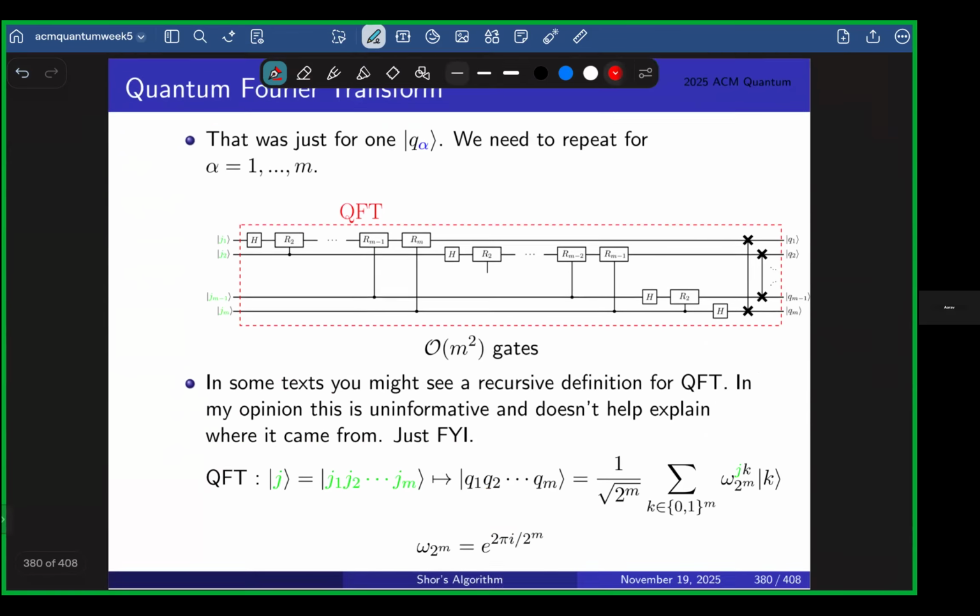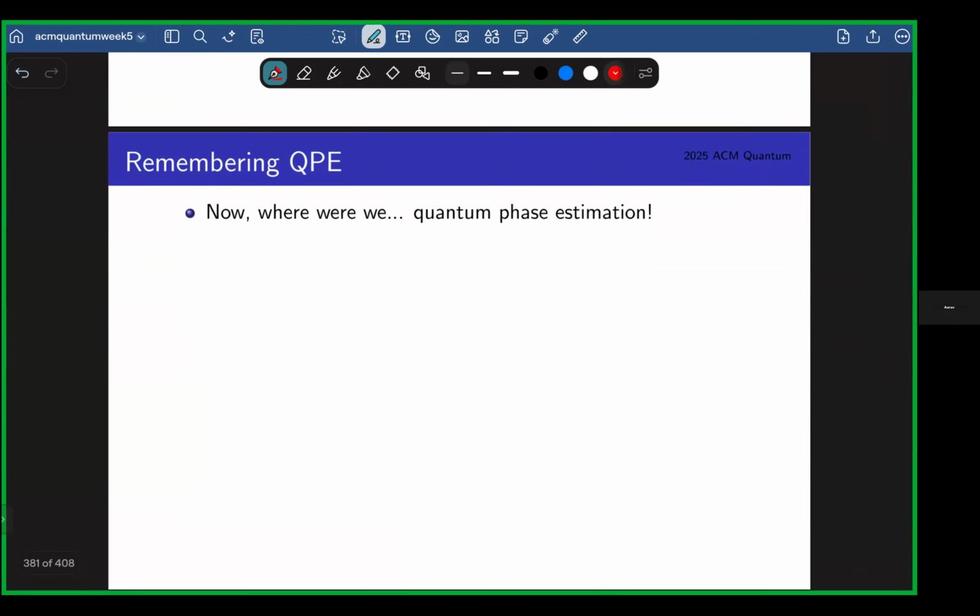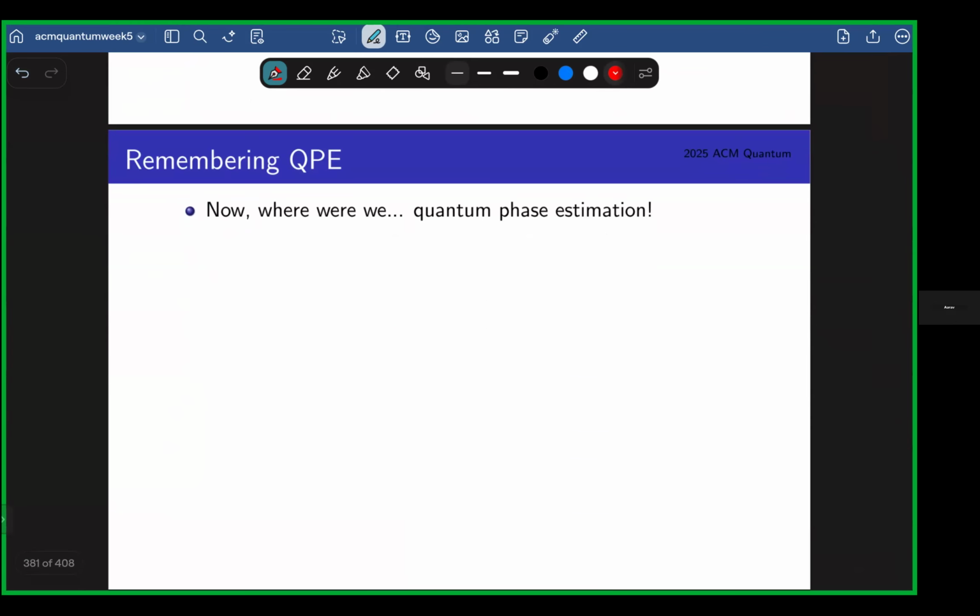Here, Q of T will map this J, which is M bits, into these Qs, which is that state that we got after applying V in phase estimation. So now we're remembering quantum phase estimation.